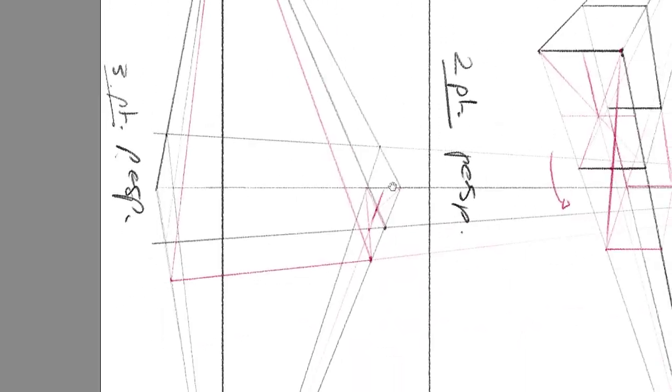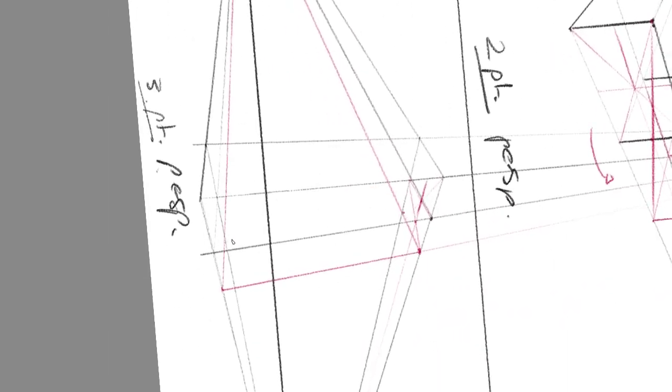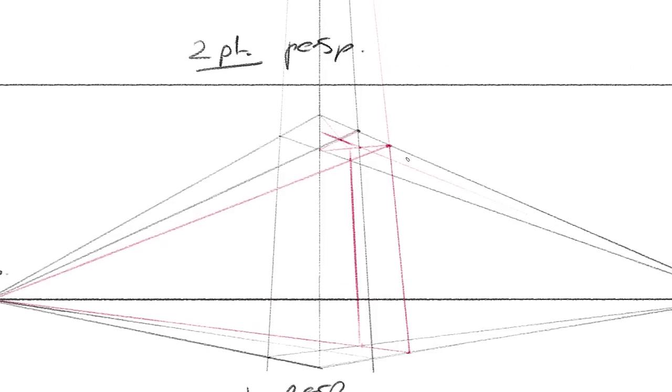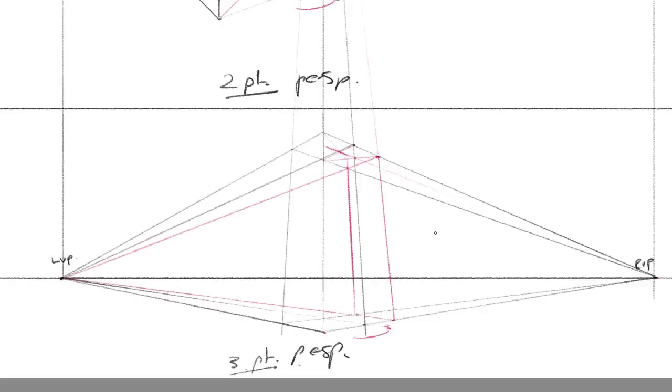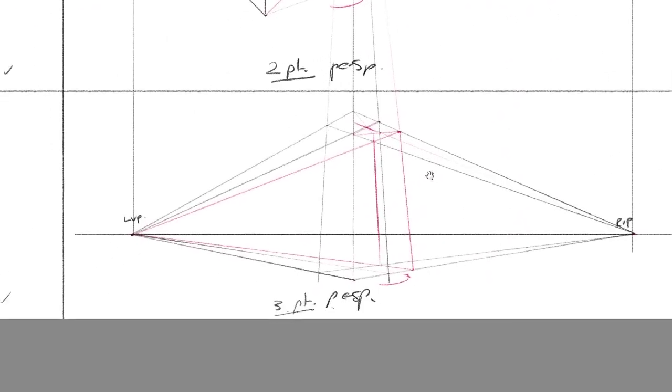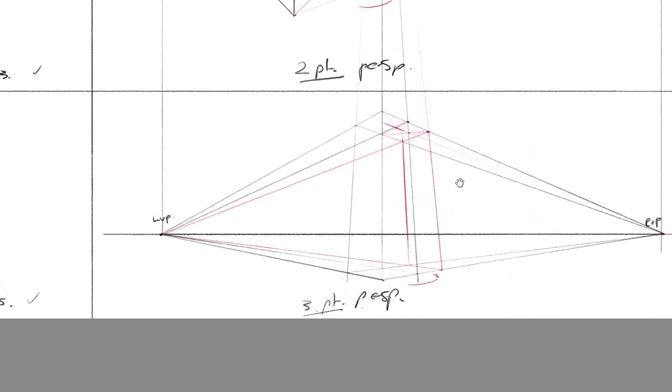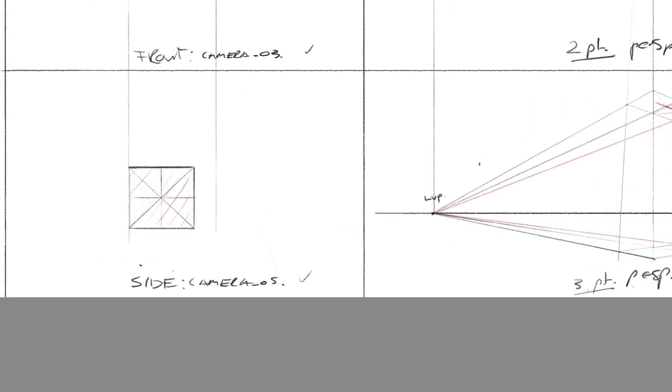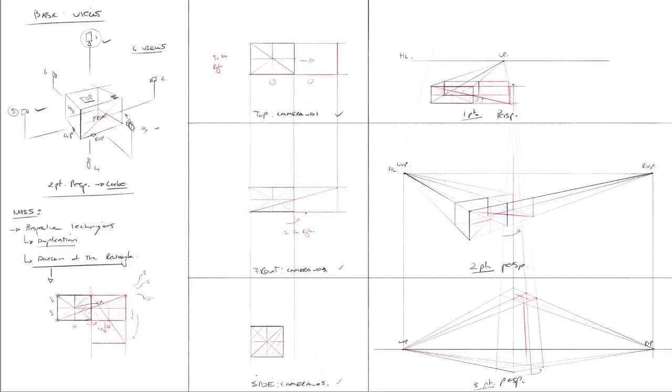And then just connect everything. The thing with the 2-point perspective and the 3-point perspective is that all sets of parallel lines go to the same vanishing point. And that's about that. That's the duplication technique and the basic views.